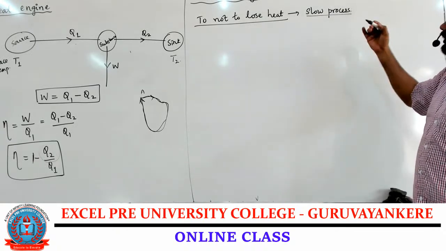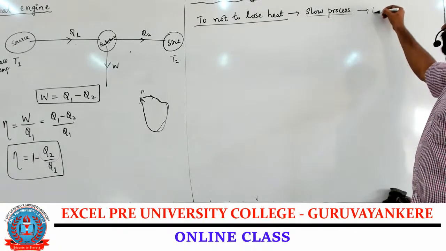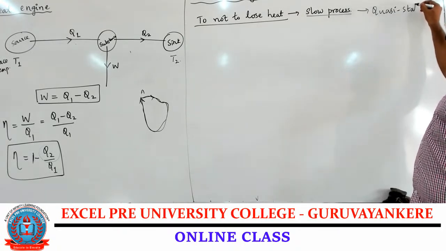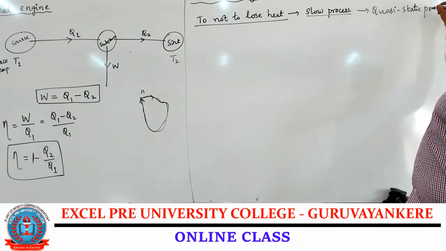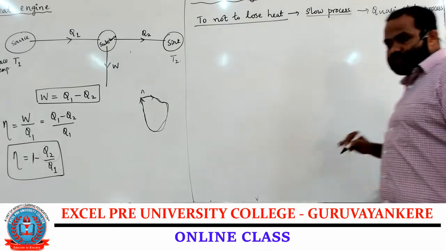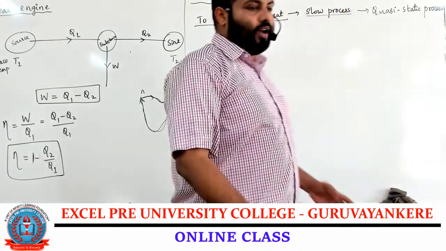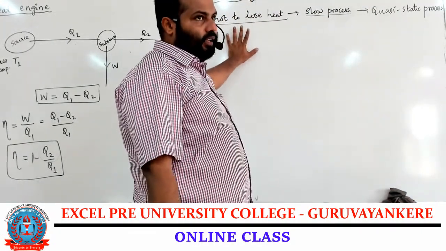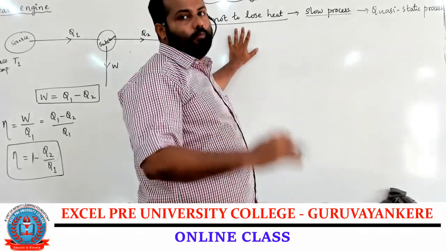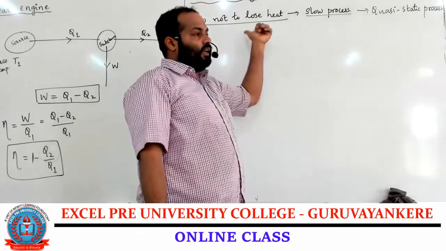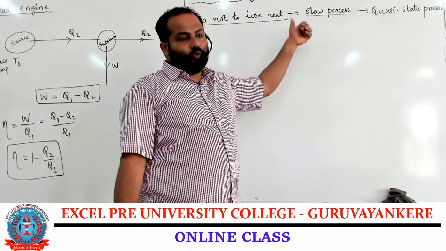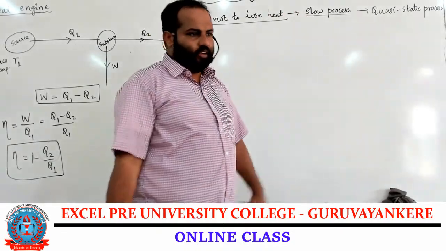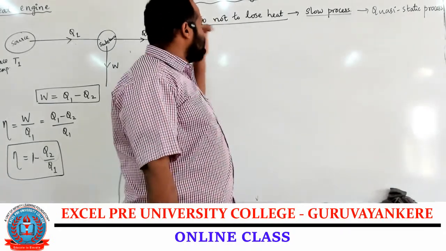Such a relatively slow process we call a quasi-static process. Such a relatively slow change is occurring where the heat energy of the system and the surrounding is almost the same. Almost the same means it cannot lose heat to the surrounding. That is the meaning. It is some imaginary concept, but yet you have to try to understand this.